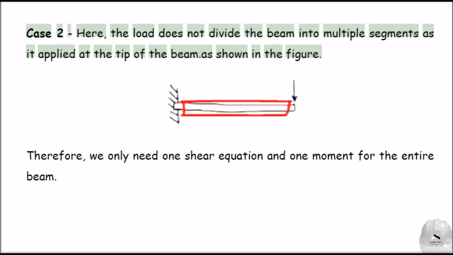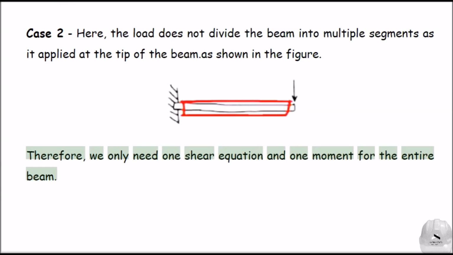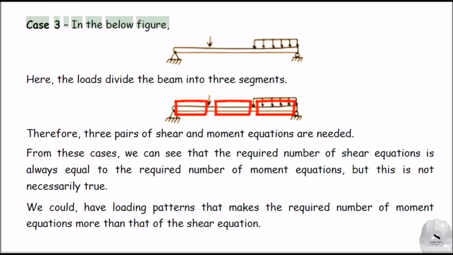Case 2, here the load does not divide the beam into multiple segments as it is applied at the tip of the beam, as shown in the figure. Therefore, we only need one shear equation and one moment equation for the entire beam. Case 3, in the below figure, here the loads divide the beam into three segments. Therefore, three pairs of shear and moment equations are needed.